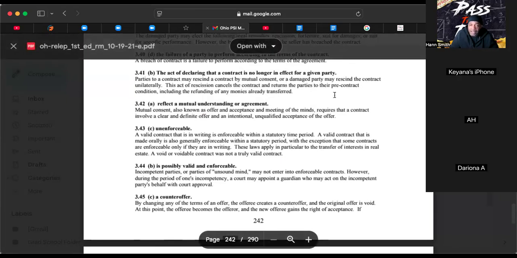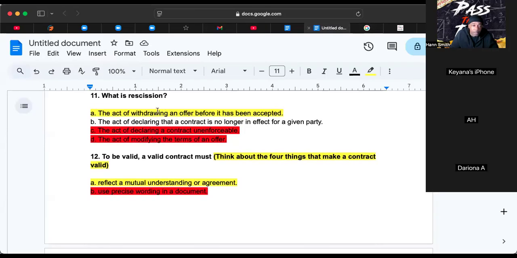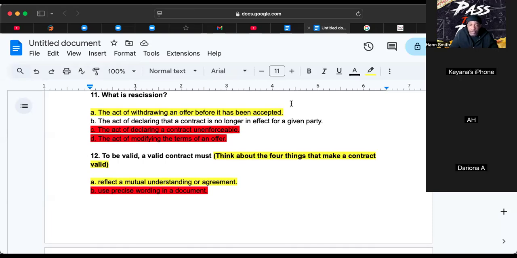I don't think they said anything about a party being damaged in the question. Had they said that, we would have probably gotten that one right. Rescission is what they asked, what is rescission? They didn't say anything about a party being damaged. If I'd have known that a party was damaged, then I might have thought something different.